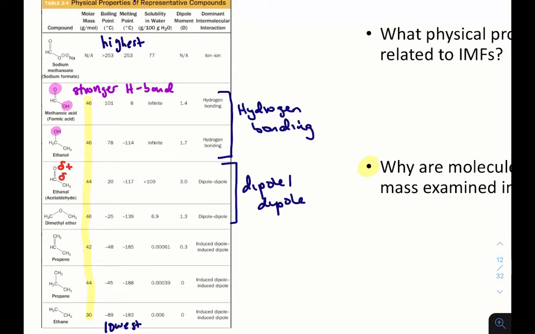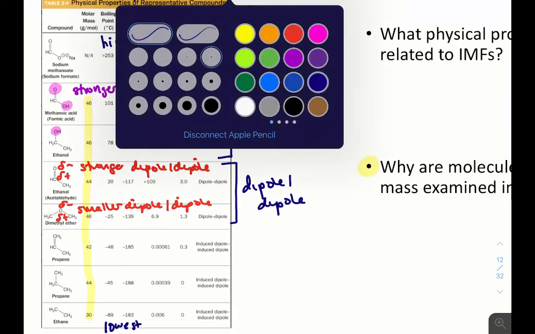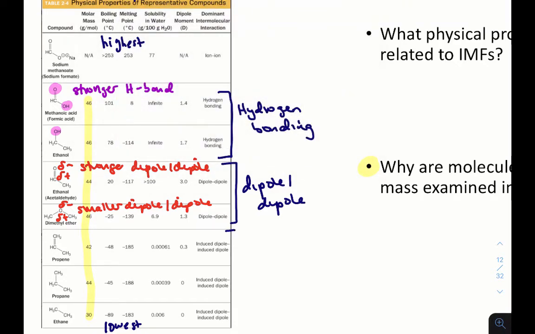But definitely we discussed that the aldehyde would have stronger dipole-dipole attractions because of a bigger dipole here than dimethyl ether, which has a much smaller dipole and weaker attractions between two molecules of this substance as a result. And then finally, we can see that the molecules with the lowest melting points and boiling points all have London dispersion forces, or induced dipole forces.